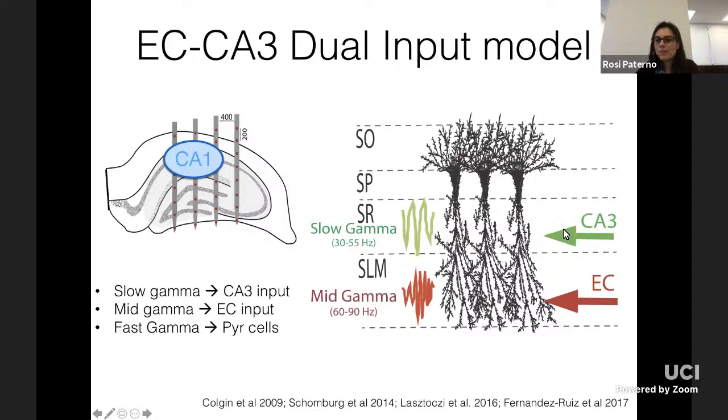The CA3 input instead arrives at the stratum radiatum and is recorded as a slow gamma in the frequency range between 30 and 55 hertz. And the activity in the response from the stratum pyramidale, therefore the firing and when, is recorded as a fast gamma with a frequency of more than 100 hertz.